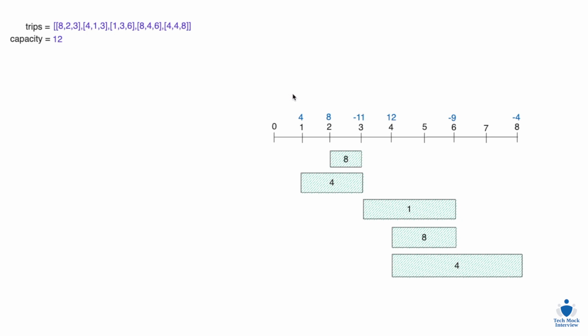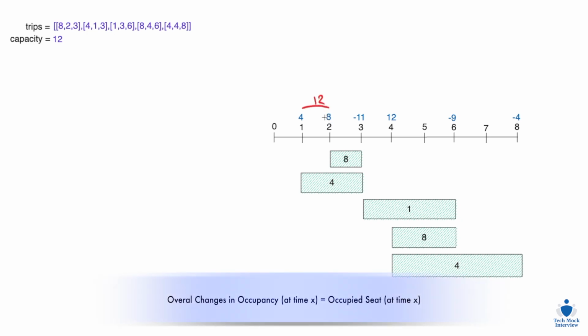To find out our current occupied seats, we have to add all these numbers together. Here we have plus 4 changes in terms of our occupied seats, and then here plus 8.